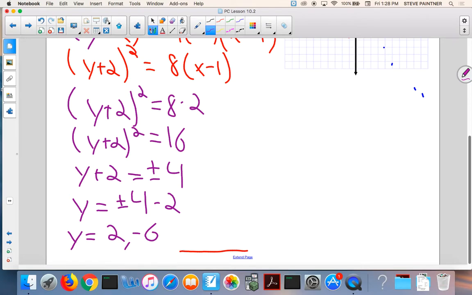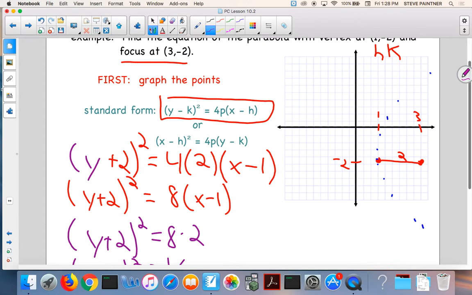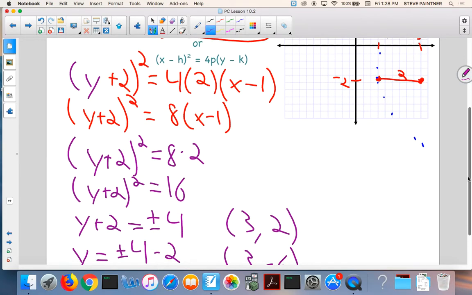Okay. Tell me the coordinates of those 2 points that apply. So my coordinates, because I plugged in x, were (3, 2) and (3, -6). Let's get those on our graph. So here's probably 2, so (3, 2). (3, -6), pretty far down here.